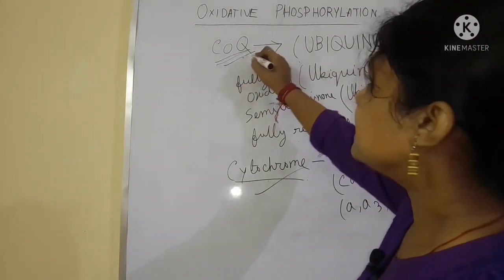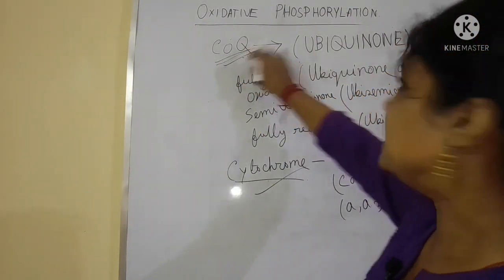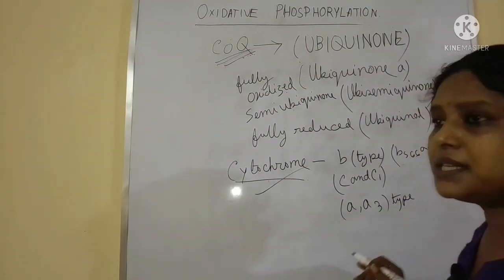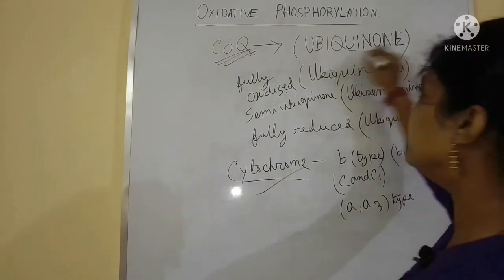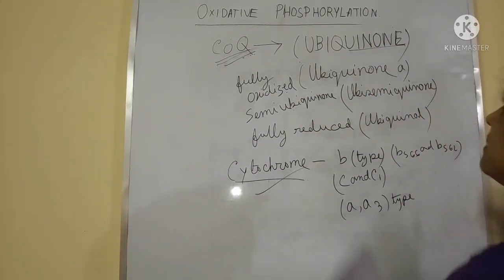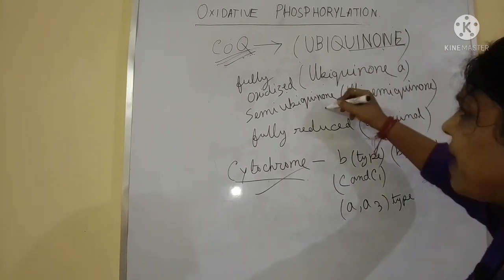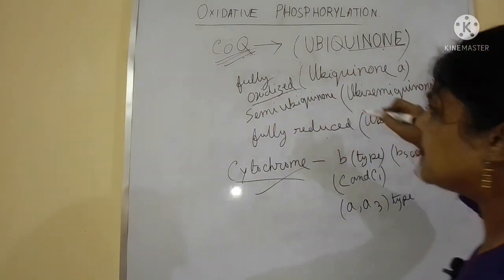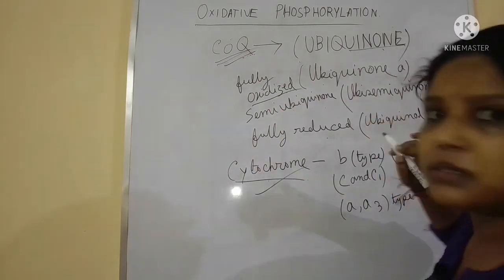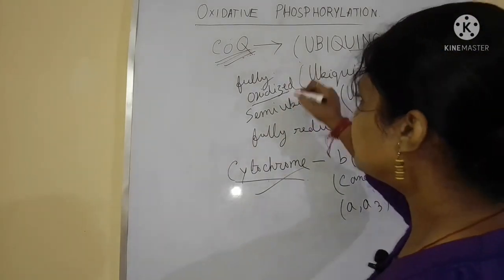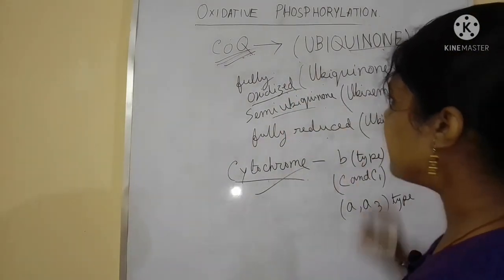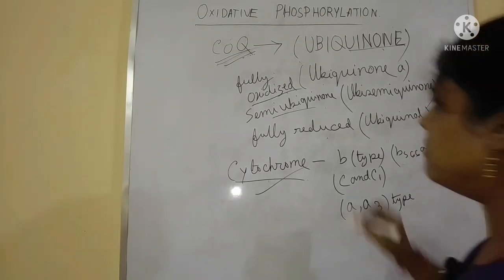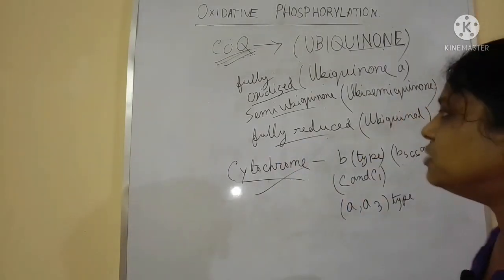CoQ, that is coenzyme Q, its full name is ubiquinone. Ubiquinone has three forms. One is the fully oxidized form, another is the semi-ubiquinol form, and the third one is the fully reduced form.